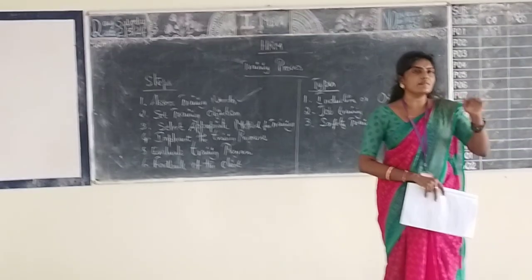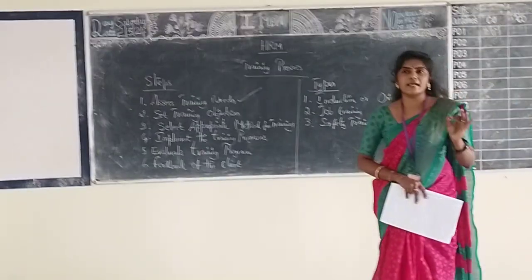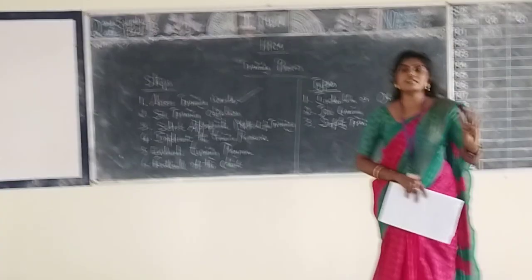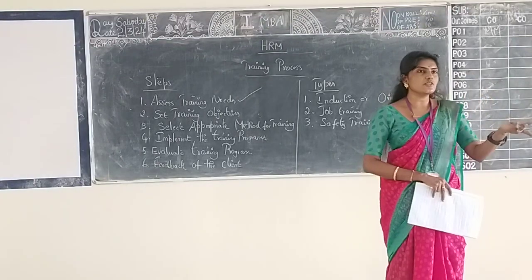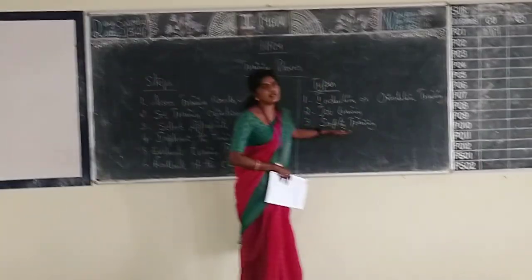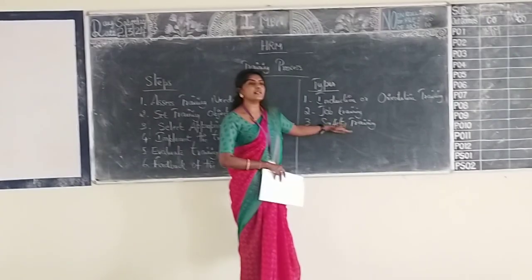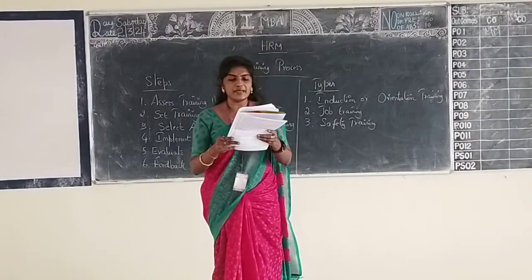So everything you give training for the employees. This is the safety training, to decrease accidents and damage to the machinery. For that purpose they give the safety training, but this is not mandatory for all companies, only for the specific company.